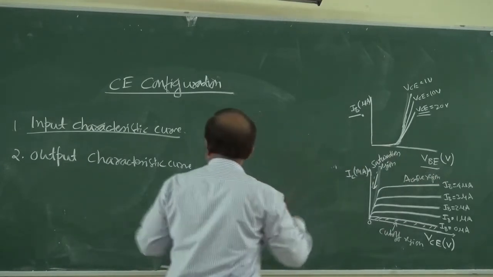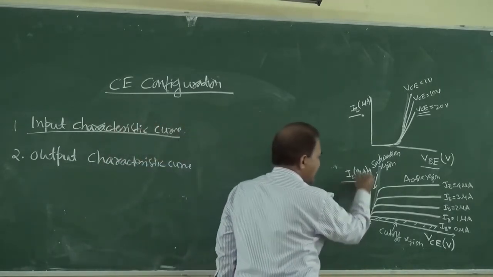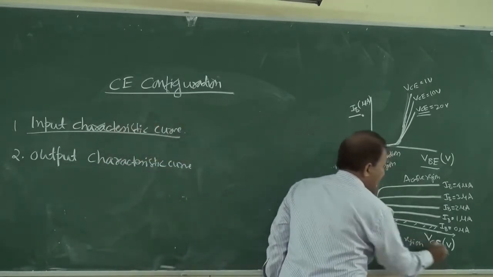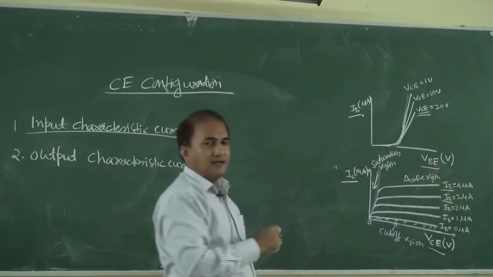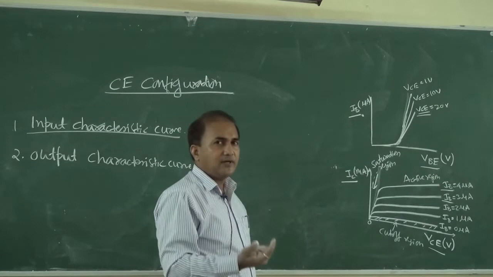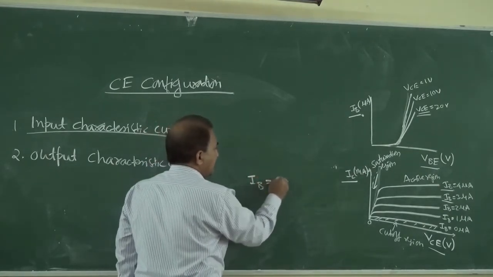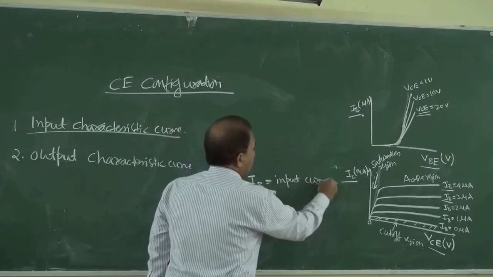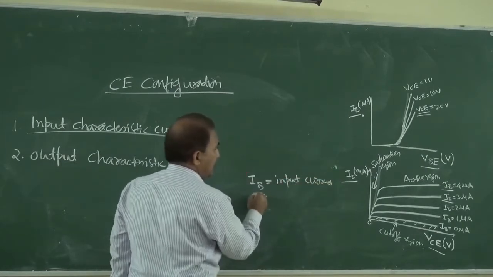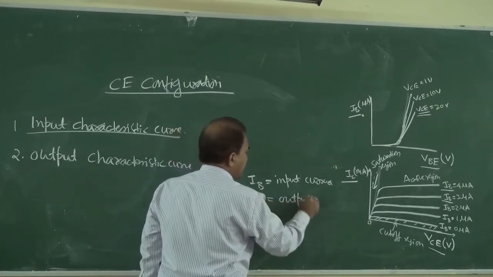Similarly, the output characteristic curve is the graph between IC versus VCE for different values of IB, the input current. Here IB is the input current and IC is the output current.